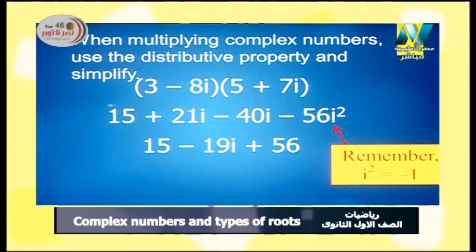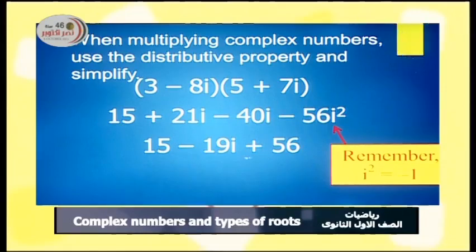Because of that, 15 will stay as it is. Add 21i with what? With negative 40i. The answer will be negative 19i. And remember that i squared equals negative 1. If we multiply negative 1 by negative 56, the answer will be positive 56.